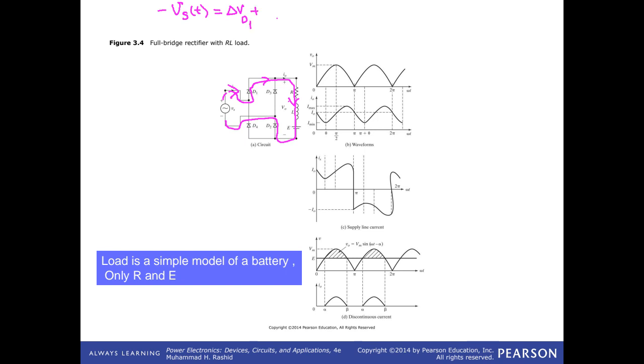plus L di/dt plus E, and therefore there is also plus delta V diode 2.